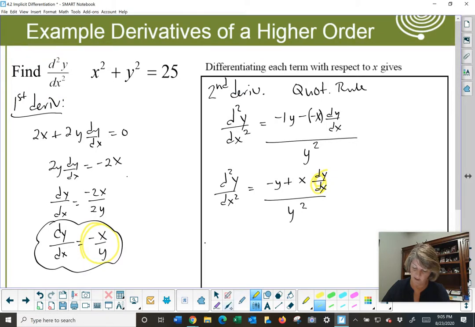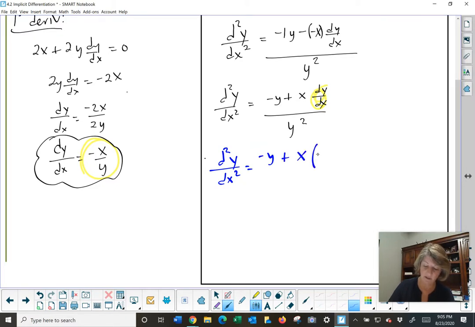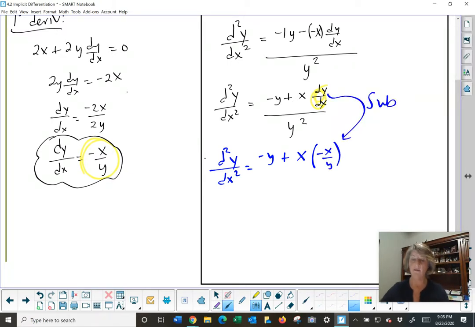All right, let's proceed. I'm going to change my color just to show this part where we're going to start doing some substituting. So I get second derivative equals -y plus x times negative x over y, for dy/dx, all over y squared.